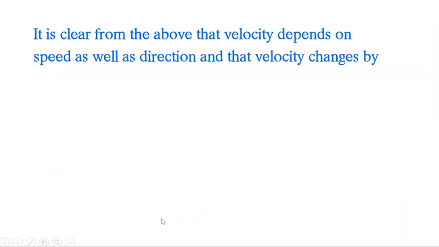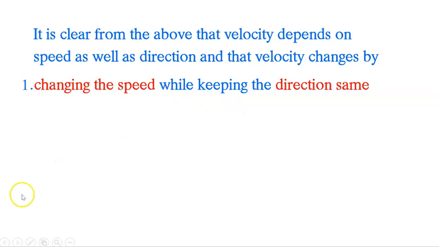Now, it is clear from the above example that velocity depends on speed as well as direction, and that velocity changes. Okay. So when does the velocity change? Velocity changes by changing the speed while keeping the direction the same.